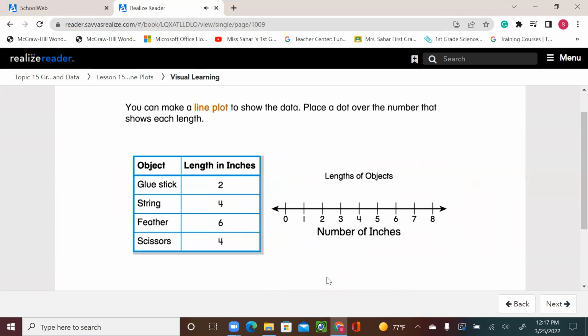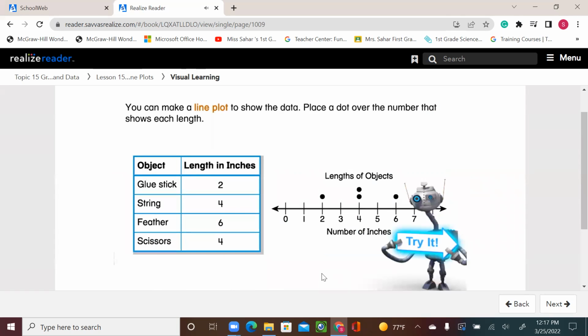You can make a line plot to show the data. Place a dot over the number that shows each length. Okay, so for this example, these are the objects that we're going to measure. We have glue stick, string, feather, scissors. And as we see here in the table, this is the length in inches.